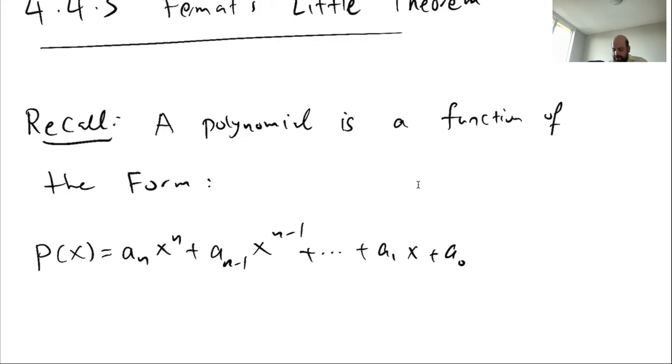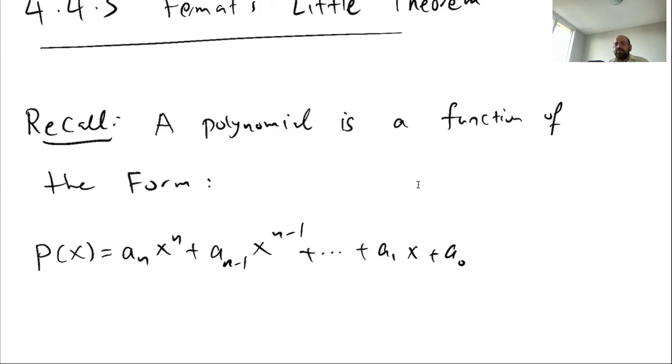And n is a non-negative integer called the degree of P of X. So n is equal to the degree of P of X. This is the definition of a polynomial.